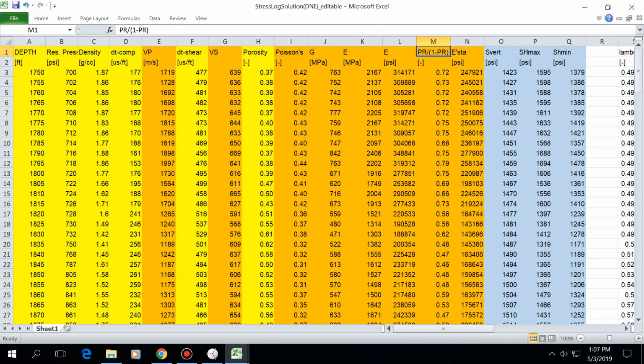No. Is that E prime? No. Look, it is Poisson ratio divided by 1 minus Poisson ratio. What are the units of that? No units, right? So it's not the modulus. Poisson ratio divided by 1 minus Poisson ratio is the coefficient of lateral stress.